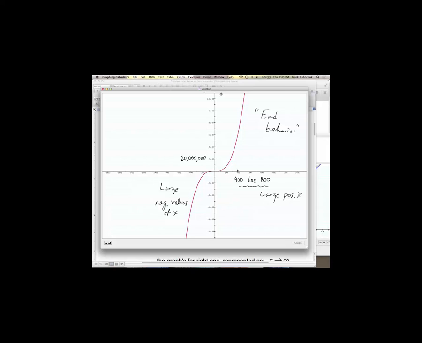Okay, the output values. So let me show you these two polynomials. I got x cubed plus 8x squared minus 20x, and x cubed.